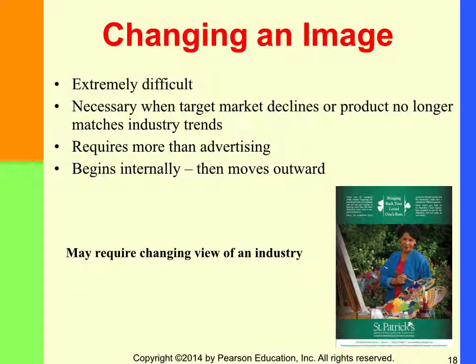Changing an image is very difficult. If you're familiar with what happened to JCPenney's, that's a great example where an effort was made to try to change the image of a company, or the position of a company that it shares with its competition and in the mind's eye of the customer.